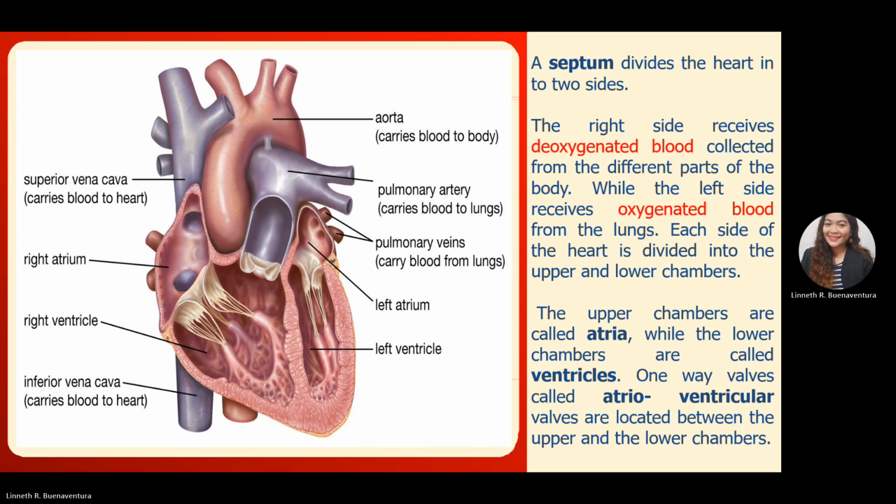The atrium, or the atria, is the chamber responsible for receiving blood from the different body parts and from the lungs, while the ventricles are responsible for pumping the blood, either toward the different body parts or toward the lungs.